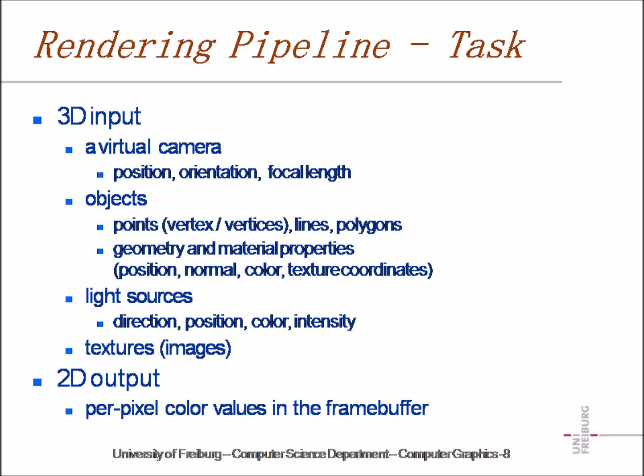The second major task of the rendering pipeline is 2D output, which represents per pixel color values in the frame buffer. All the pixel values are written into the frame buffer. The frame buffer further consists of various types of small buffers.